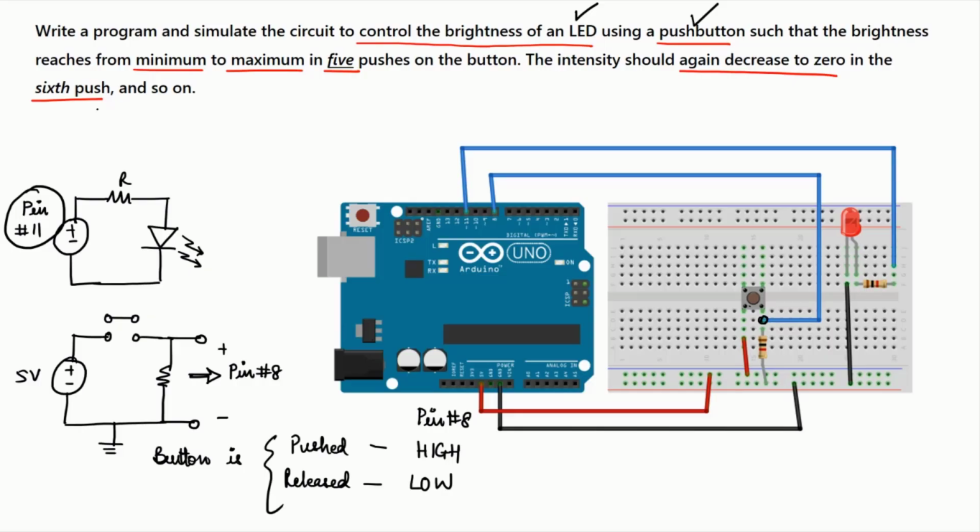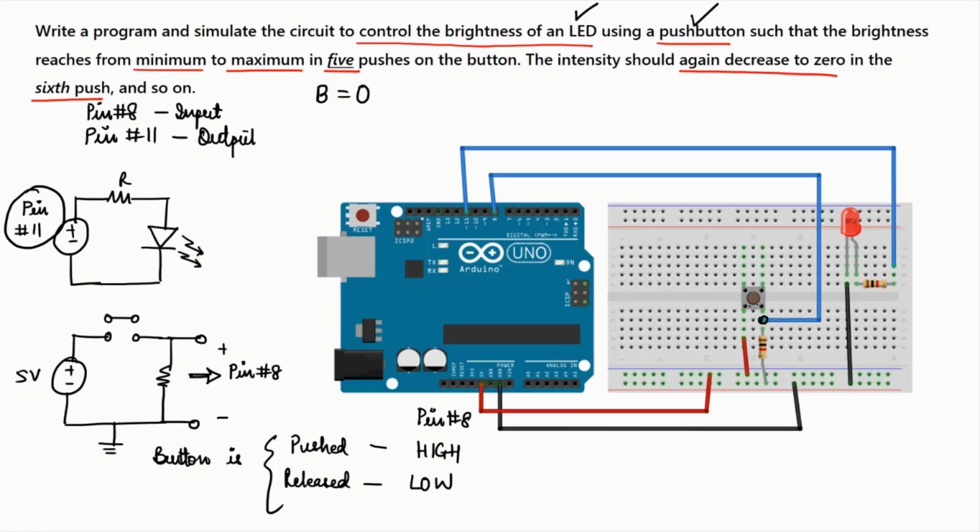That means obviously pin number 8 needs to be an input pin, and pin number 11 here needs to be an output pin, right? And we've also established that since we are going to write a code, we can initialize the brightness to be something like 0.